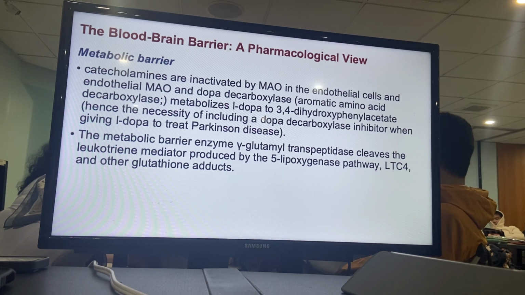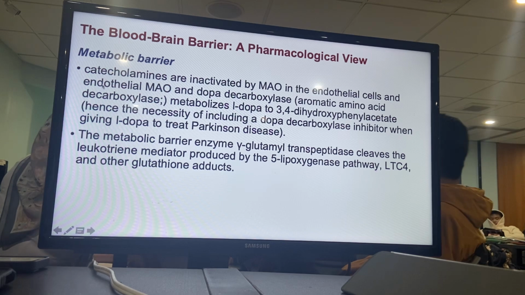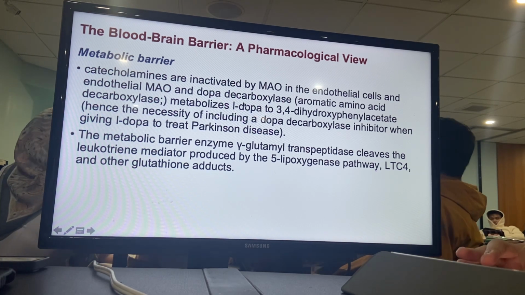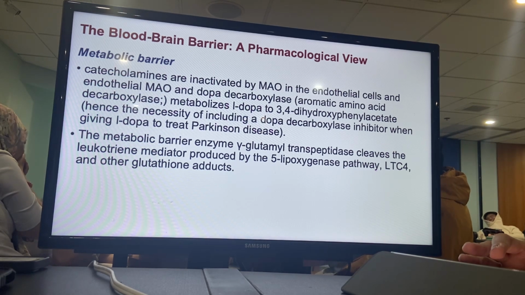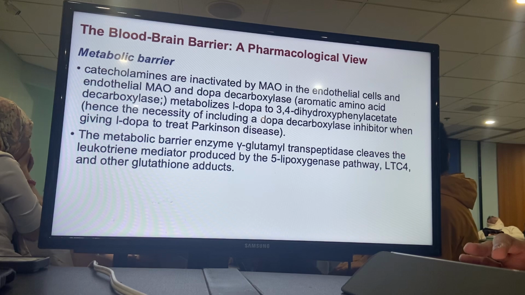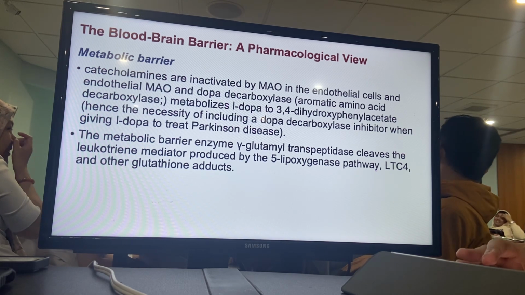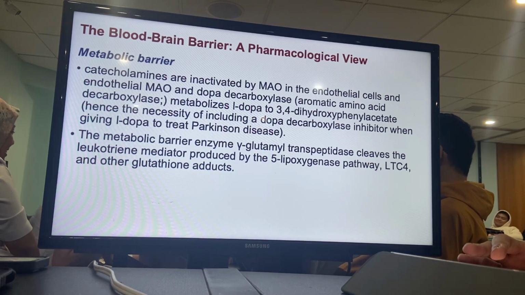But another challenge for giving levodopa is decarboxylation by your dopa decarboxylase. That is why when you give levodopa, you have to give it together with a decarboxylase inhibitor. So it's a combination drug, just to make sure your levodopa is not metabolized prior to entering your brain.